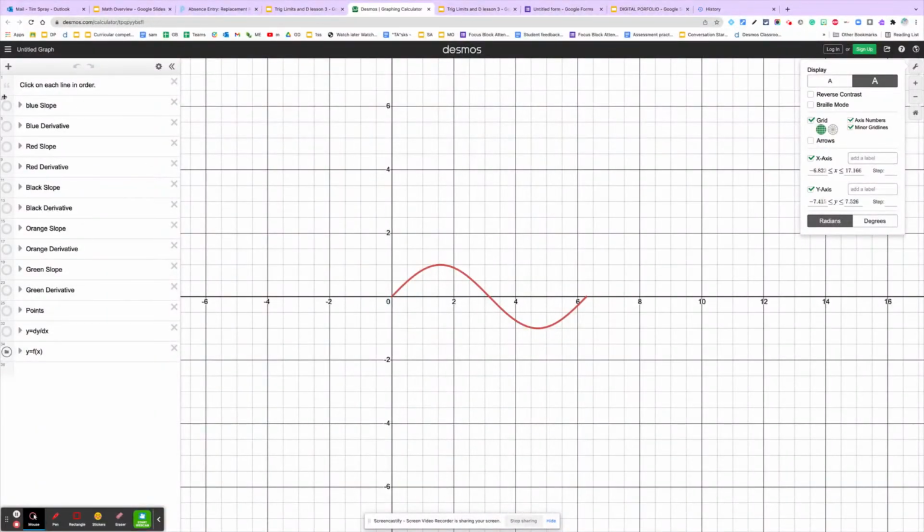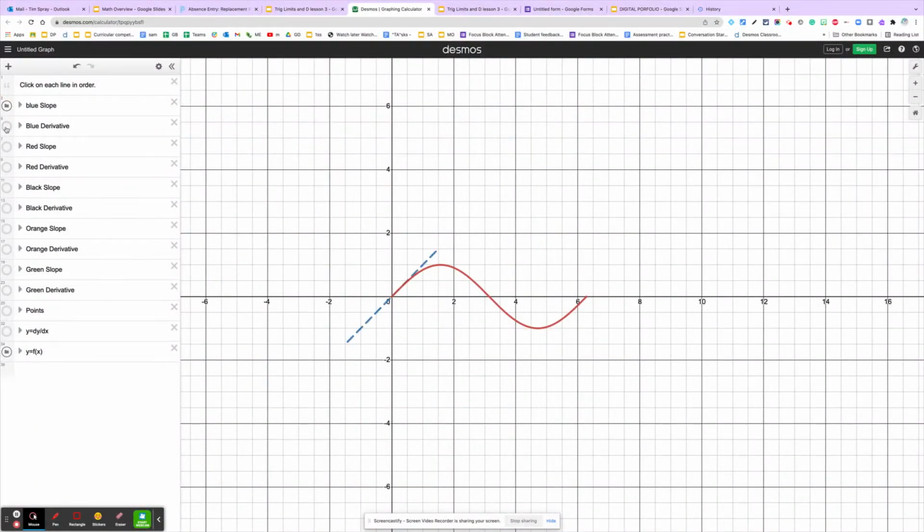Well, I'm going to take each point. So the slope of that blue guy we can see is positive 1, and the slope of the red is 0, and the slope of the black would be negative 1, and the slope of the orange is 0, and the slope of the green is positive 1.